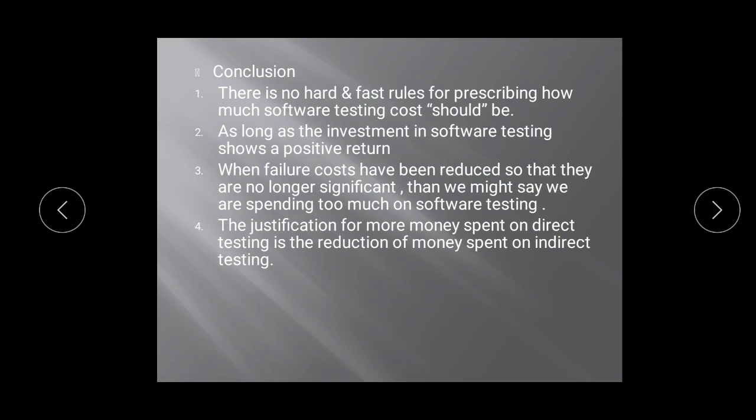All these things are done as decision making for utilizing the quality cost. This is the last topic.